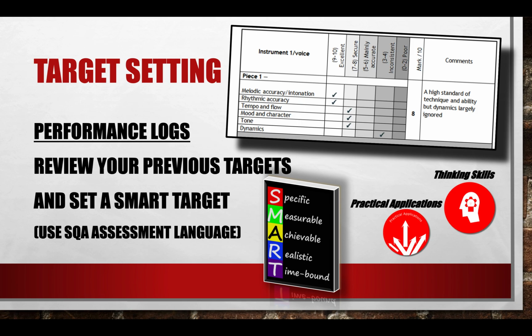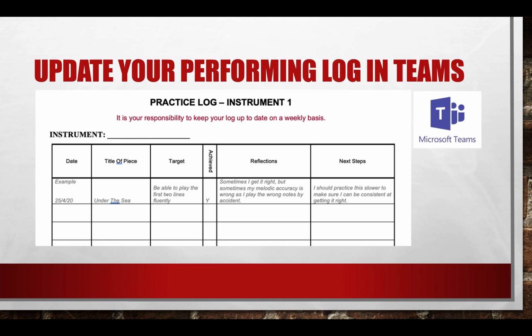And you should be setting SMART targets. So something that's specific, measurable, achievable, realistic, and time-bound. Your performing logs will be available to you in assignments in Teams, and you should update them and hand them in with a target for each week.